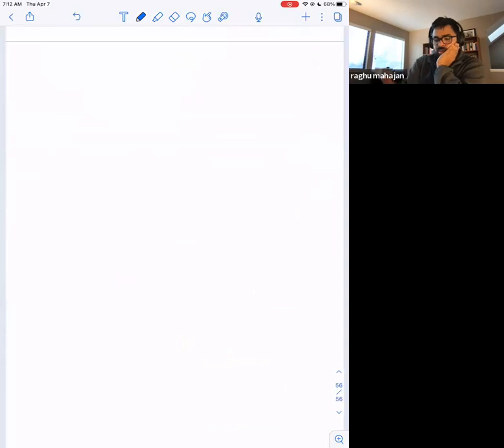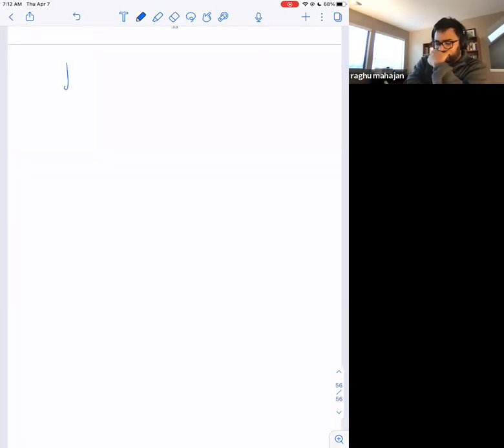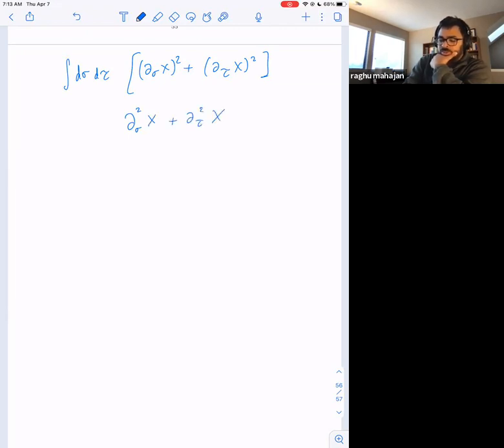Because for usual flat space string theory, we have this action, the integral of d sigma d tau of partial sigma x squared plus partial tau x squared. It seems hard to come up with non-trivial saddle points for this, because the equation is d sigma squared x plus d tau squared x equal to 0, and the solutions are just x equals constant, with zero action.